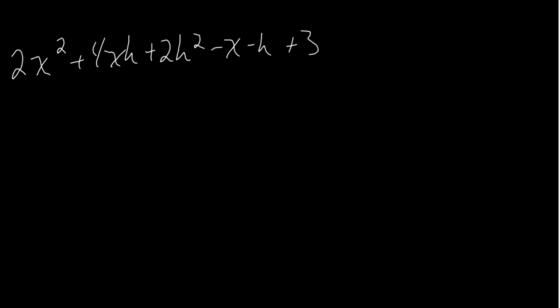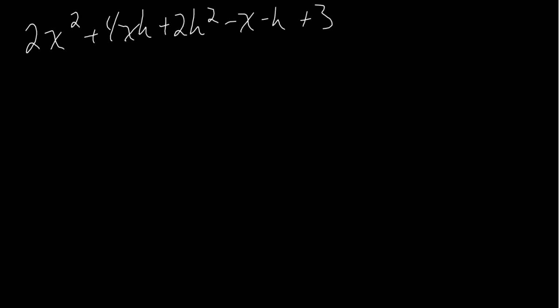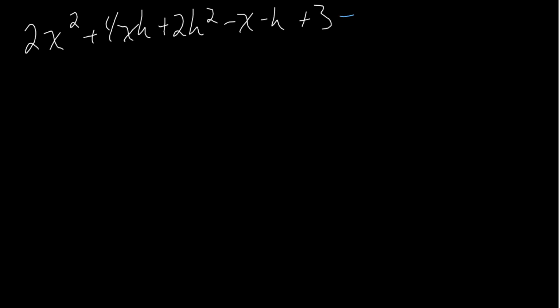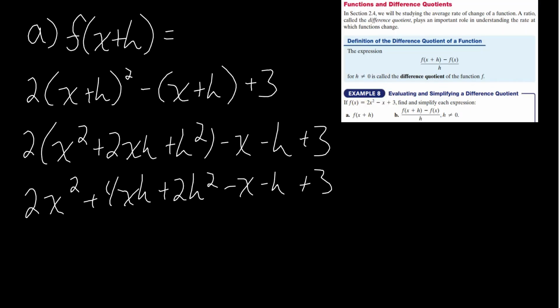To finish out the equation, I'm going to have to do minus f of x. What was f of x? f of x is 2x squared minus x plus 3. So minus the quantity 2x squared minus x plus 3.